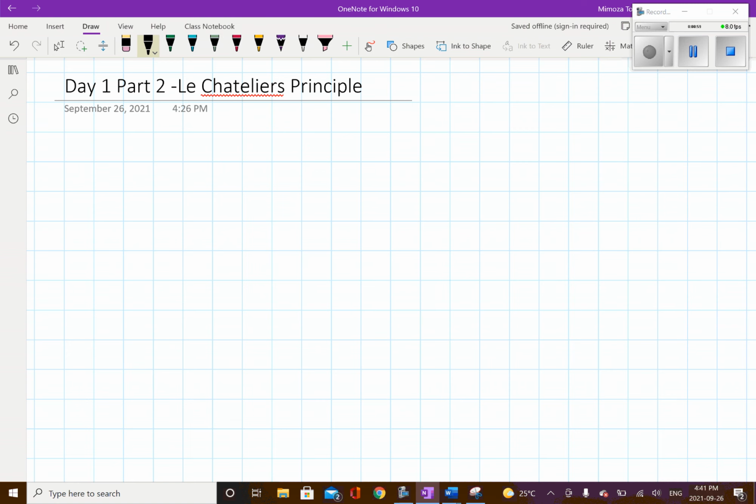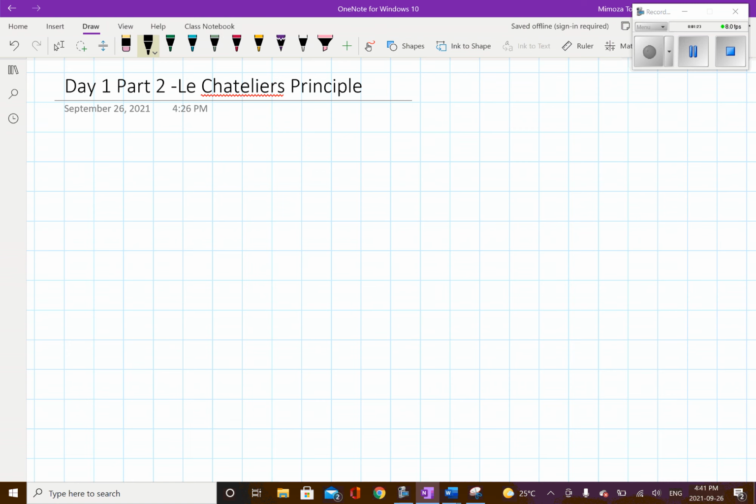So if a change is introduced, the balance will shift to a new equilibrium position, so that more or less of the desired product or the reactant is formed.